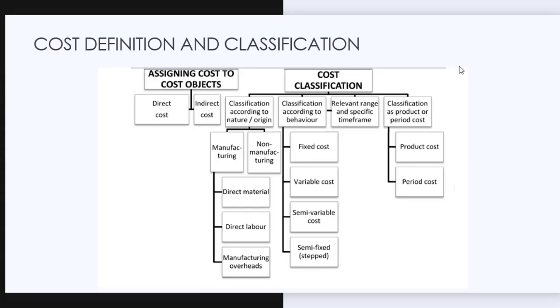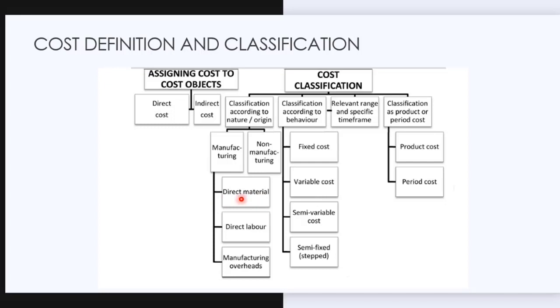Then when it comes to classifying your cost, you need to look at the nature of that cost, its origin. So we classify costs according to their origin. Were they manufacturing costs or are they non-manufacturing costs? If they are manufacturing, are they direct material?